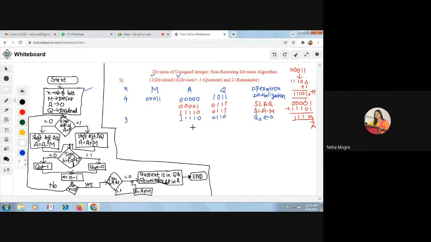So all values will be placed on the left side. So this will be 1 1 1 0, here this 0 will be placed here. Then again 1 1 0 and a question mark. So this is your shift left AQ.